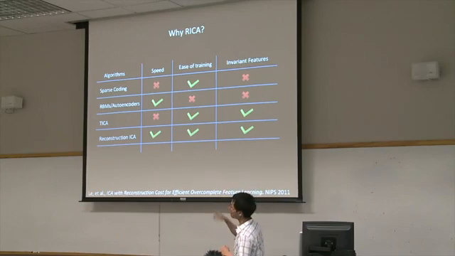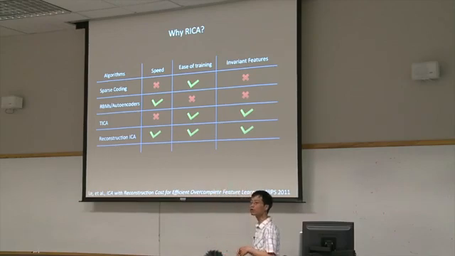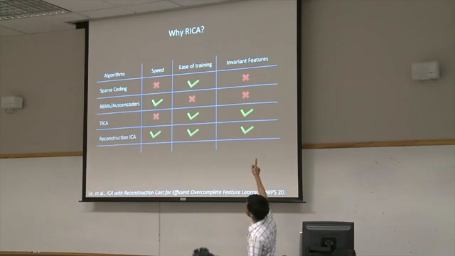For example, the sparse coding algorithm, I'm not sure you're familiar, is one of the most famous algorithms that can learn edge detectors from unlabeled data. It turns out that algorithm has only one hyperparameter, so it's very simple to train. You tweak a little bit and you get what you want. But it doesn't learn invariant features, and it's very slow.